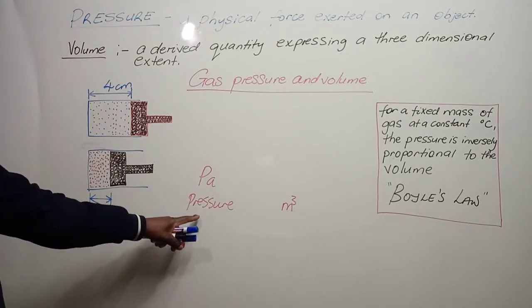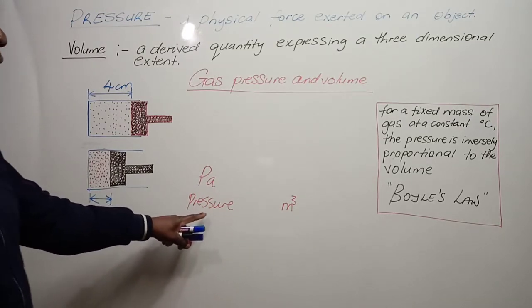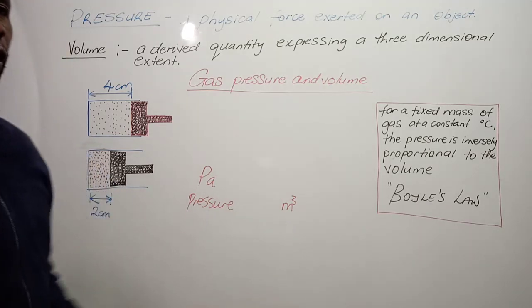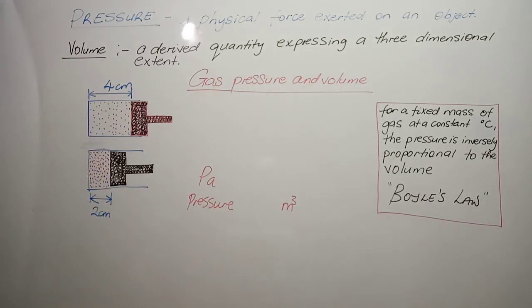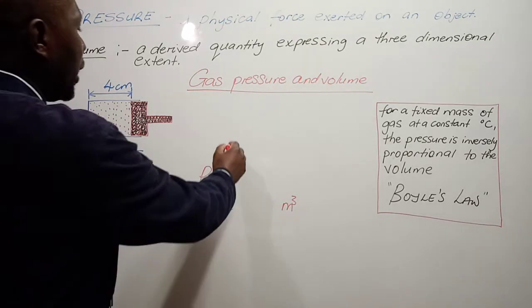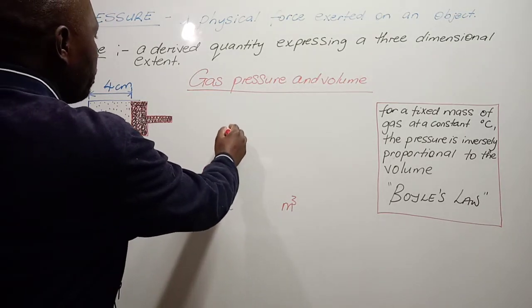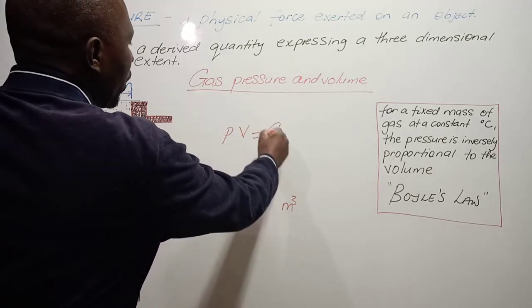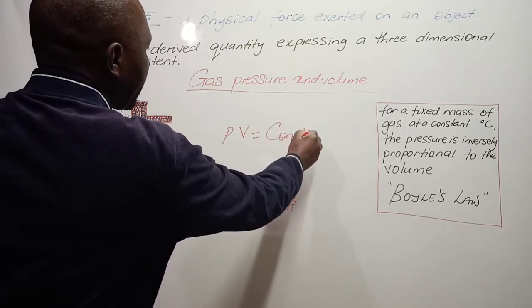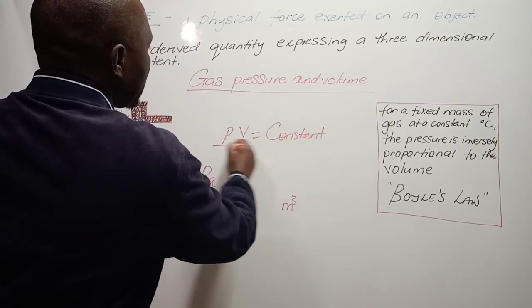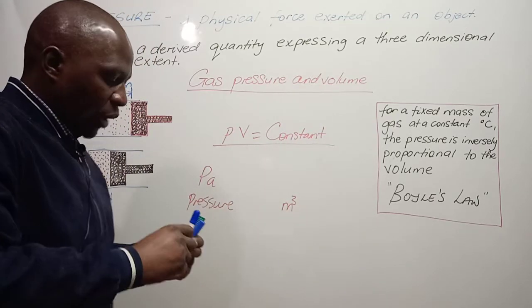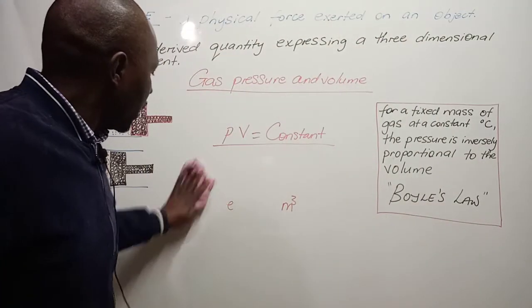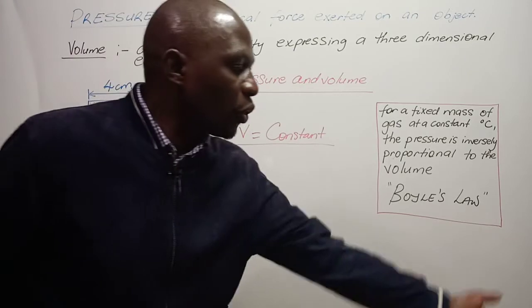So we can safely say there is a constant, or straight line behavior between pressure and volume. We can actually come up with an equation: pressure multiplied by volume is equal to a constant. That is the equation that we can safely draw.